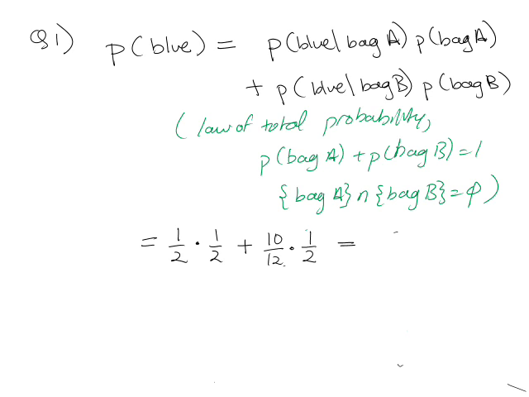It ends up being a quarter plus 10 by 12 is 5 by 6, so you just get 5 by 12, which is 8 by 12. Okay, is that right? Yeah, which is 3/4. So you have a 3/4 chance of seeing a blue ball in this experiment. Okay, and what we use is law of total probability.